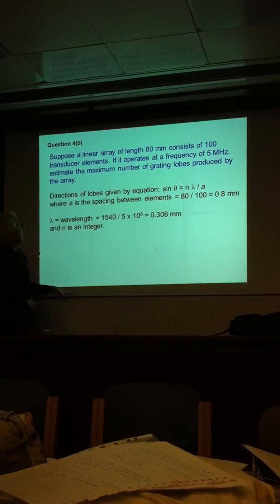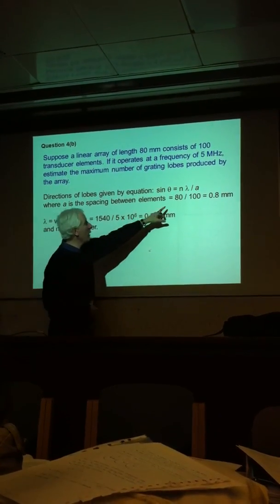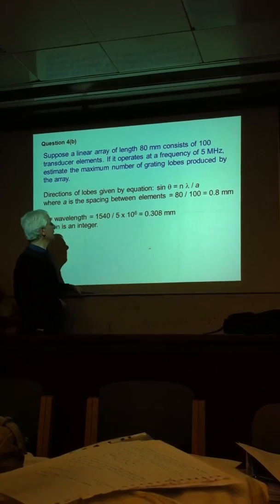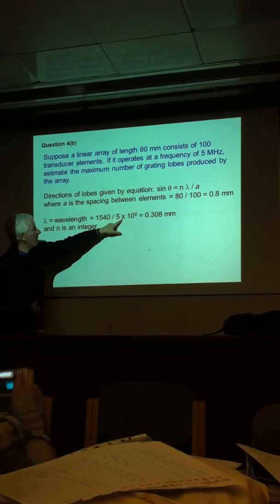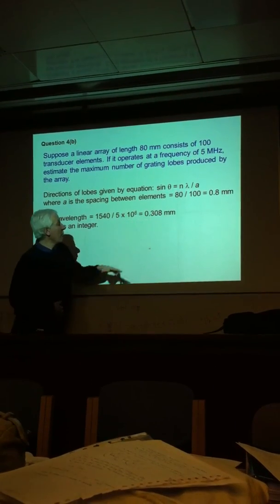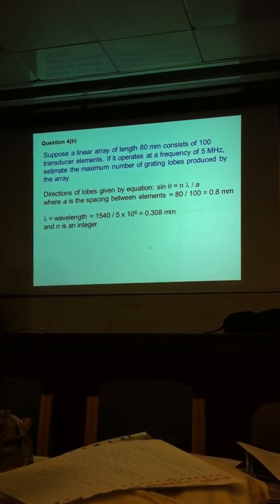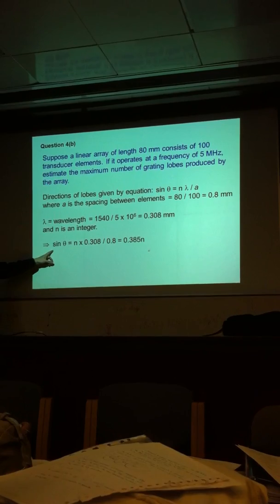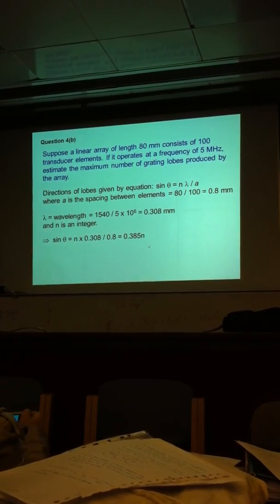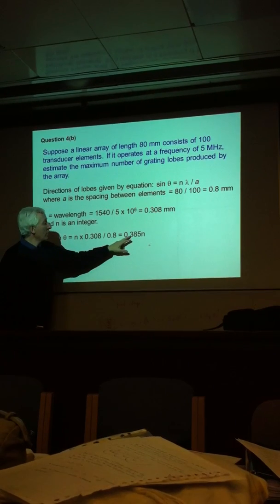We have 100 elements over 80 millimeters, therefore the width of each one is 0.8 of a millimeter. The wavelength is velocity divided by frequency, which is 0.308 millimeters, and n, of course, is an integer.